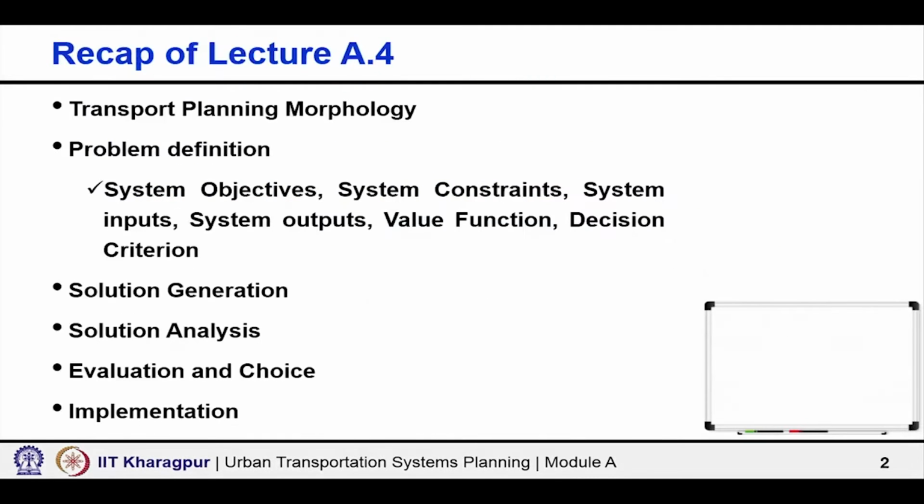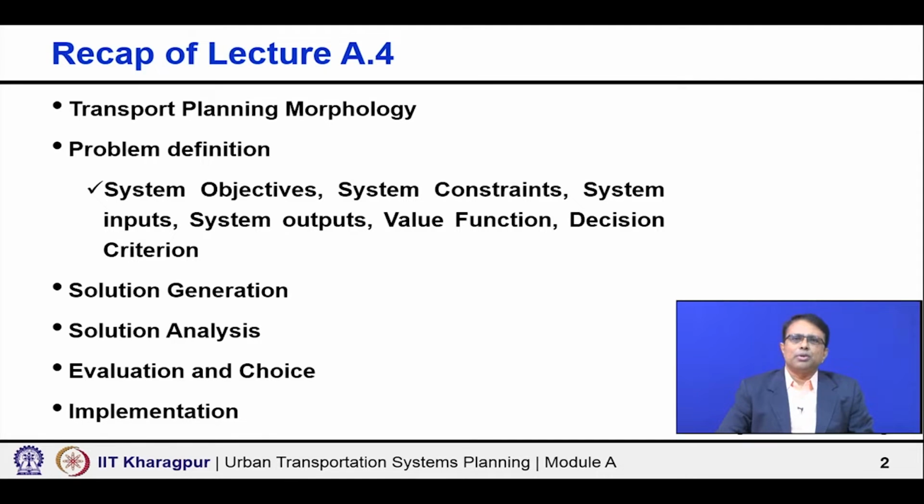In lecture 4, we discussed transportation planning morphology. We talked about various components, starting from problem definition to solution generation, to analysis of solution, and then evaluation and recommending the most desirable solution, and then implementation of that solution.